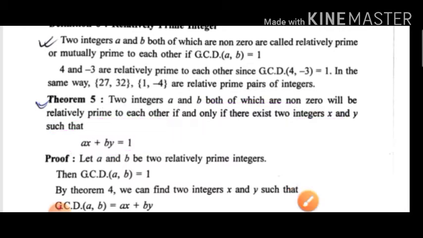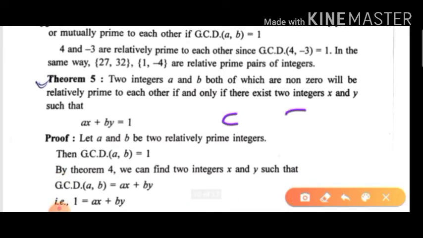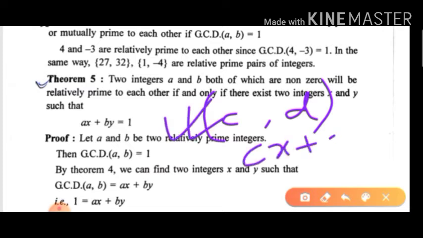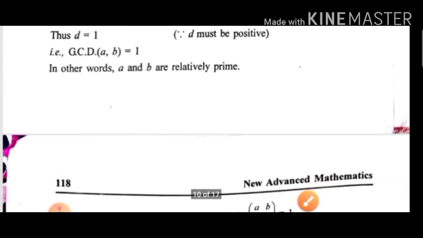So for two integers, say c and d, if cx plus dy is equal to 1, then we can surely say that c and d are both mutually prime to each other or relatively prime to each other.